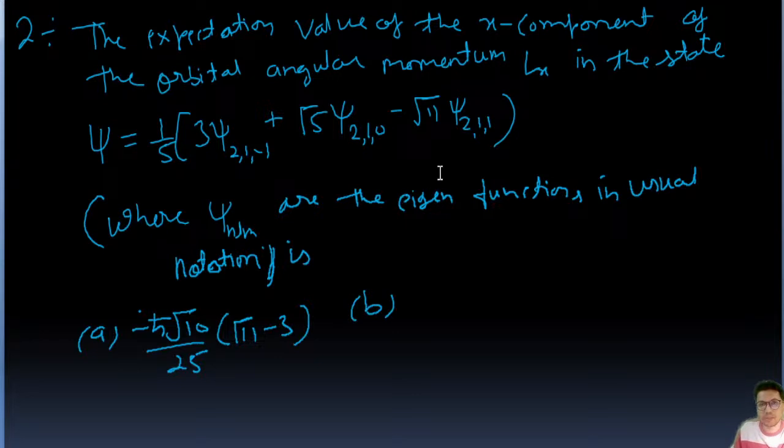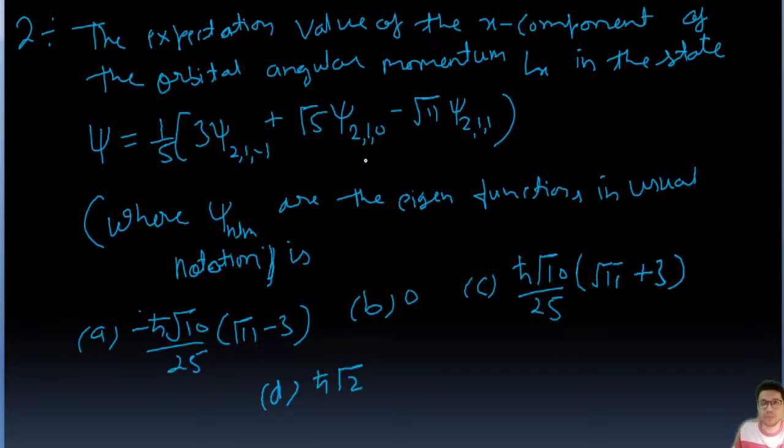Option B is 1 upon 5 times 3 psi 2 1 minus 1 plus root 5 psi 2 1 0 minus root 11 psi 2 1 1. Okay, so expectation value of this you need to find out.